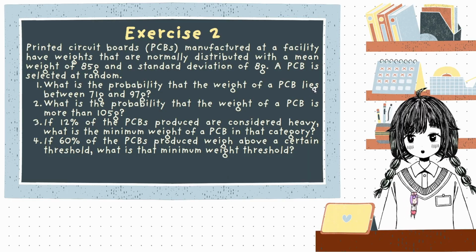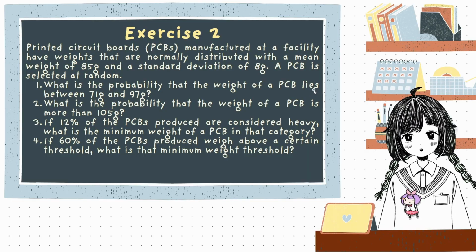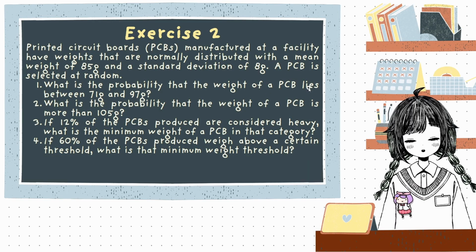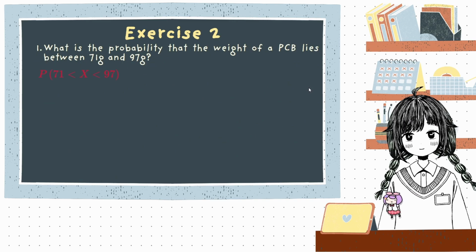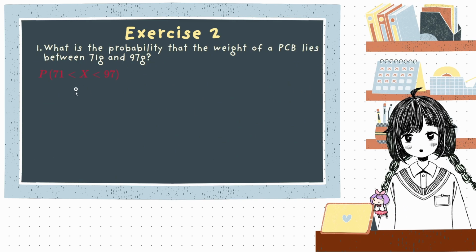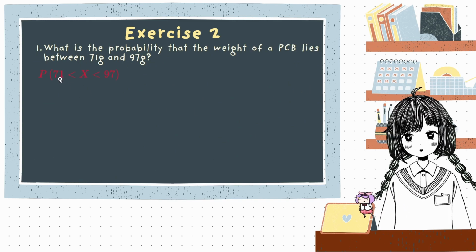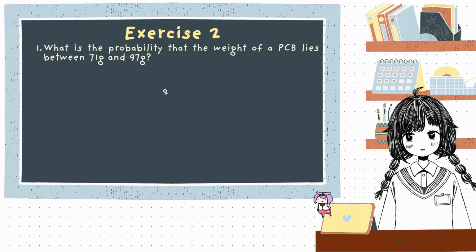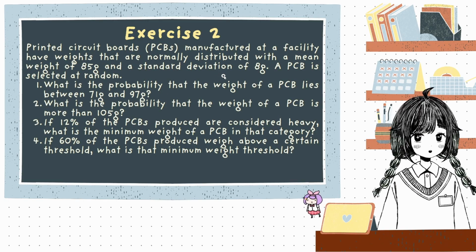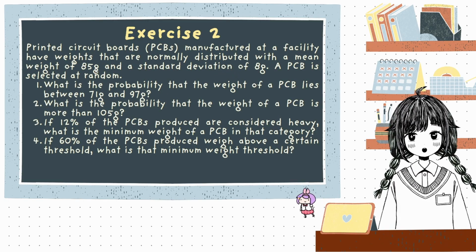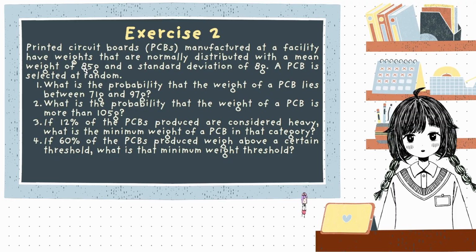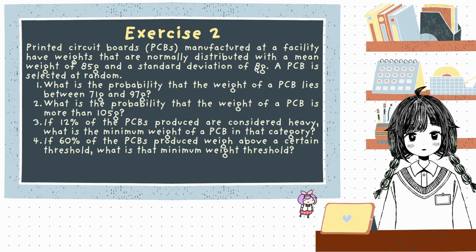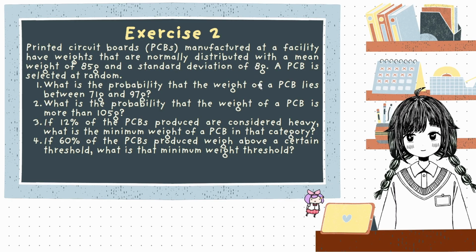So we just solve it similar to the question from exercise 1. The probability is between x = 71 and 97. From the question, we know that the mean value is 85 gram and the standard deviation is 8.